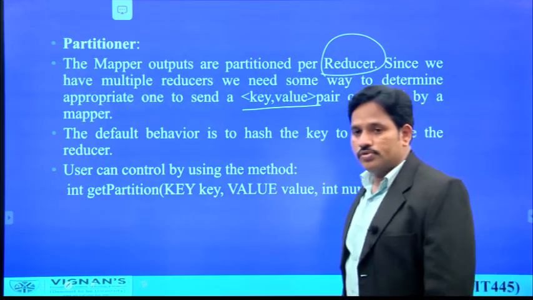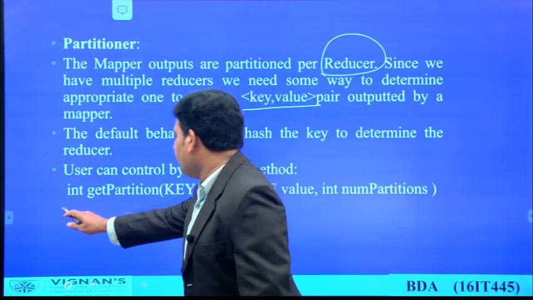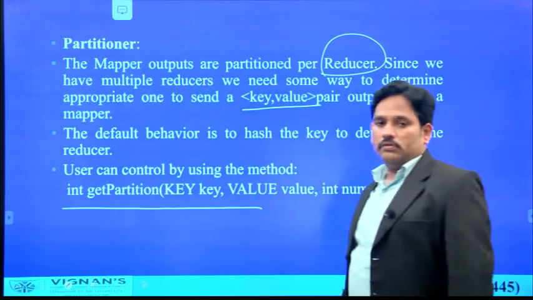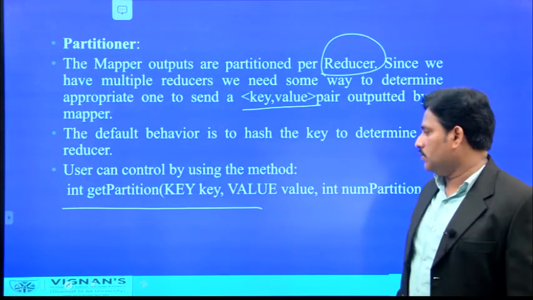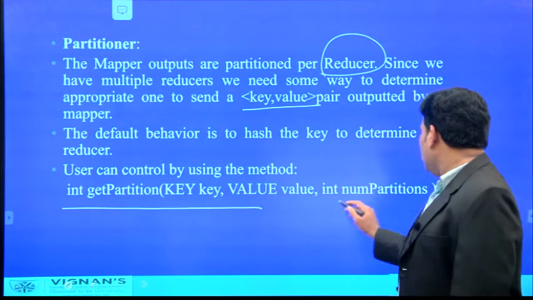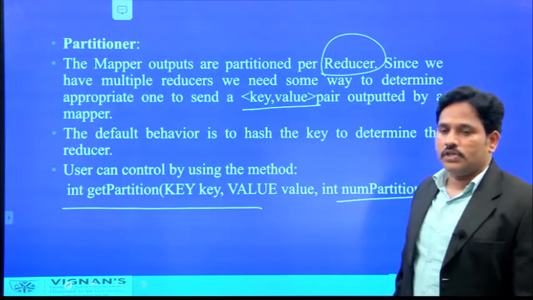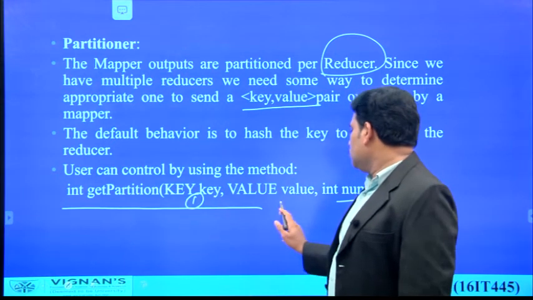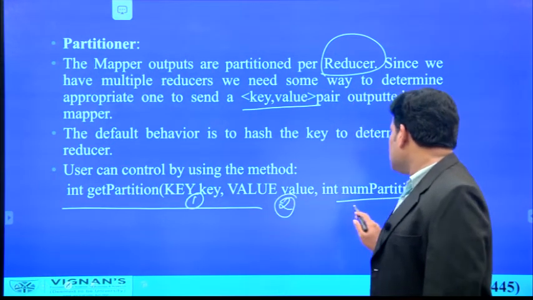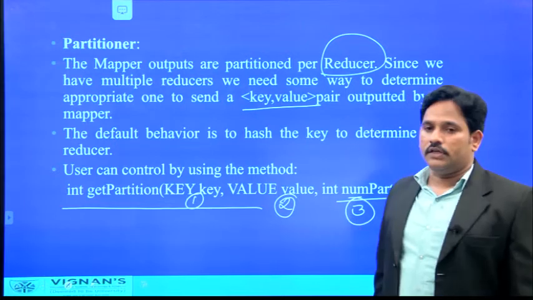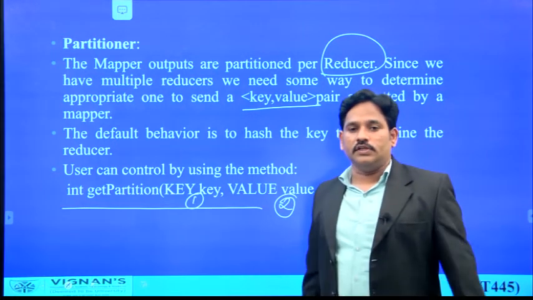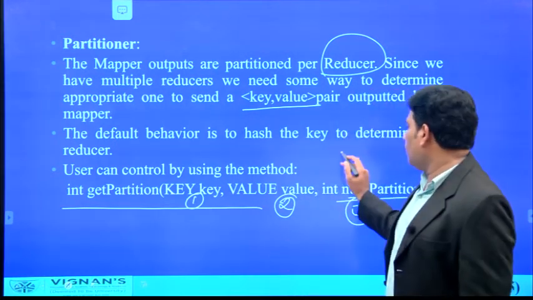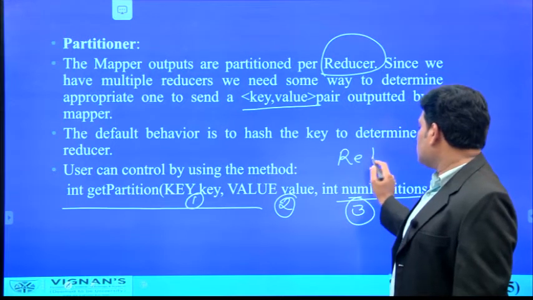Now how can you produce a partitioner? By calling a function called int getPartition with a key, a value, and the total number of partitions. Here also we are using 3 attributes: one is the key, second one is the value, third one is the total number of partitions. The total number of partitions is equal to the total number of reducers.